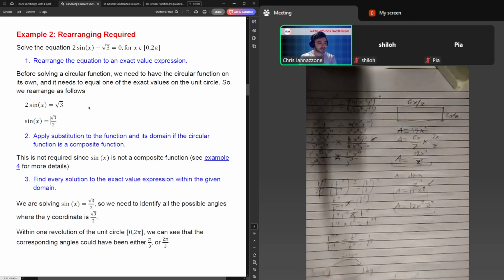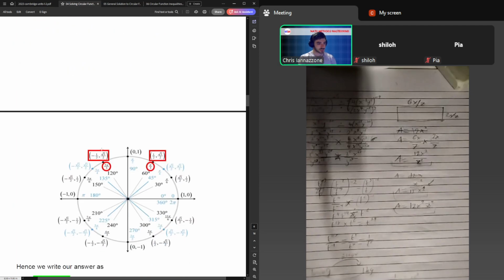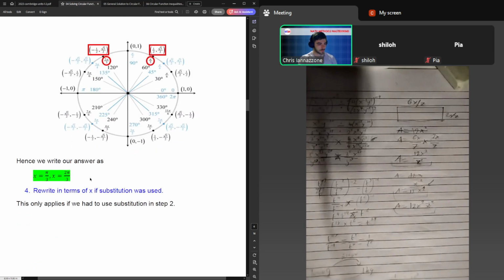That's going to get sine equals root 3 over 2. So very similar to the question before at this point: circular function on one side, exact value on the other. Where is sine equal to root 3 over 2? That's where all the y values are equal to root 3 over 2, which is this spot here and this spot here. Therefore, we hit pi over 3 and 2 pi over 3. And that's our answer.